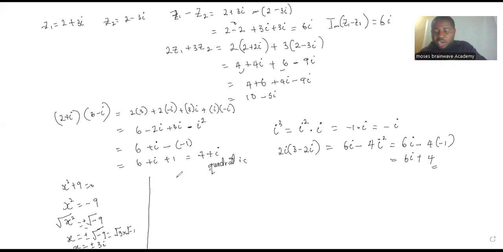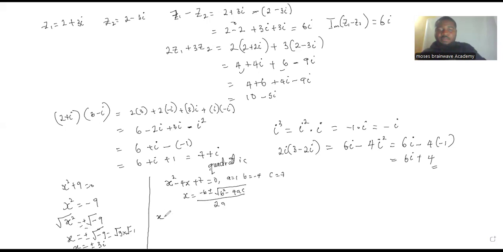So we also have another one over here. Let's solve x squared minus 4x plus 7 is equal to 0. I'm going to be using the quadratic formula. In our case here, a is equal to 1, b is equal to -4, and c is equal to 7. So applying the formula, x is equal to minus b plus or minus square root of b squared minus 4ac, then everything should be over 2a.